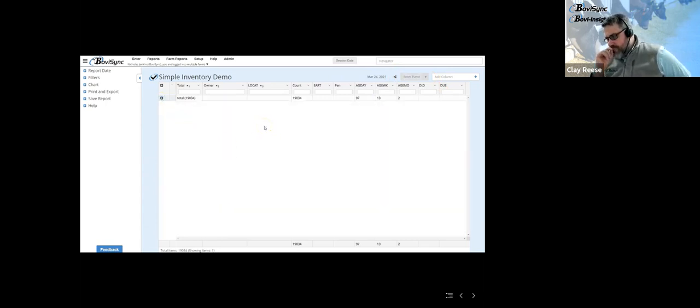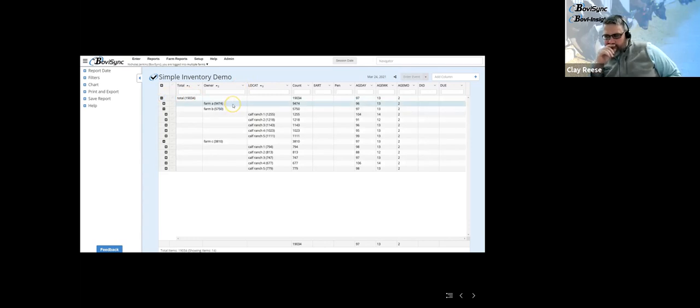Grouping can be changed simply by changing the order in which you group things. So right now, as I showed before, it's showing the owner and then the location by owner.